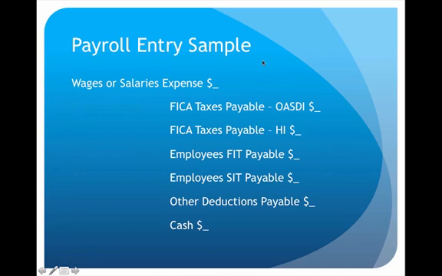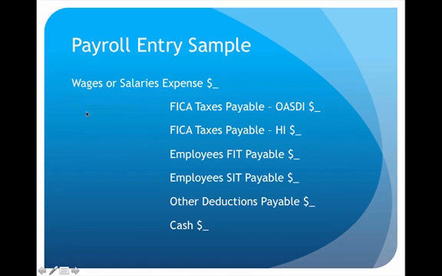So the first entry, this would be the entry to record the payment as well as the employee taxes. I left the amounts blank because what I want you to get from this example is just the layout and the types of accounts that are used. Like I said, we're going to actually do this in our demo problem.